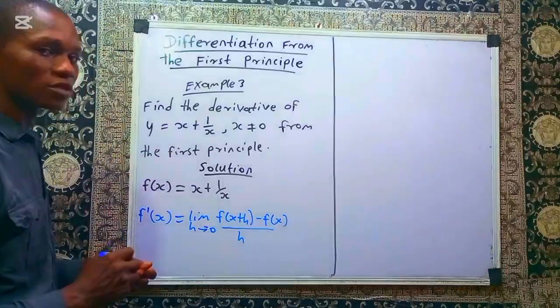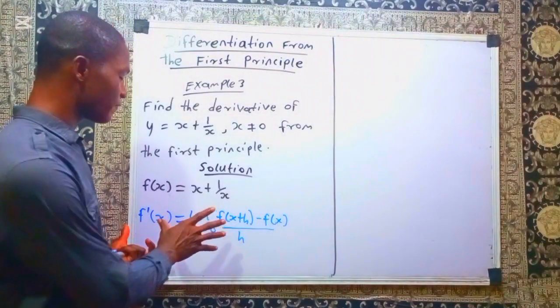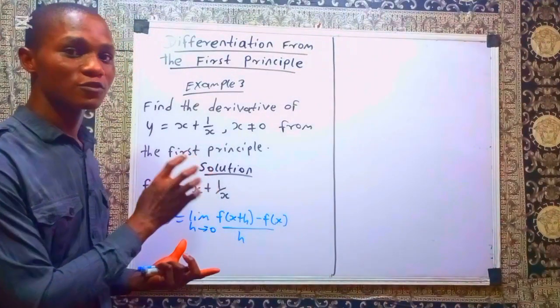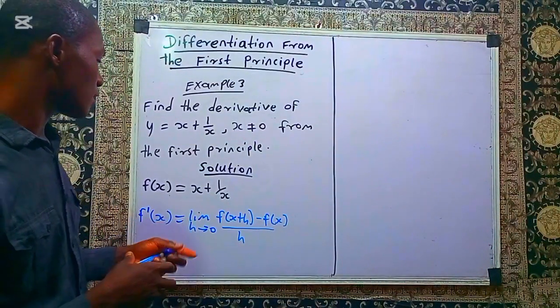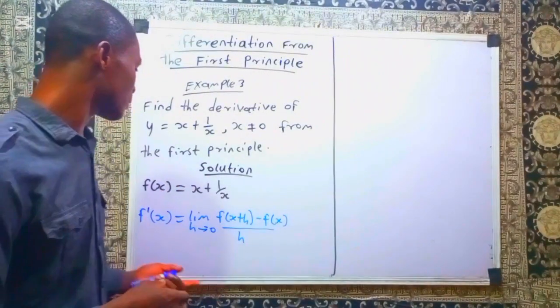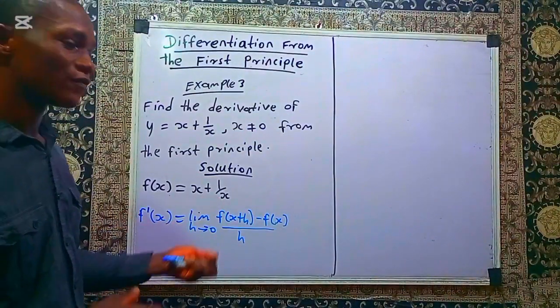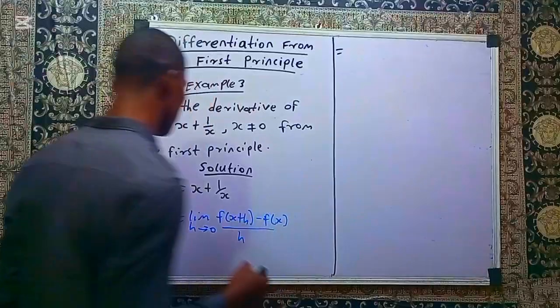This is the definition of the derivative of a function from the first principle. And this is the first formula that is expected to be seen in your answer booklet if you are giving an example to find the derivative of a function from the first principle. After writing your function, you write this formula, then you follow the formula to find the derivative.